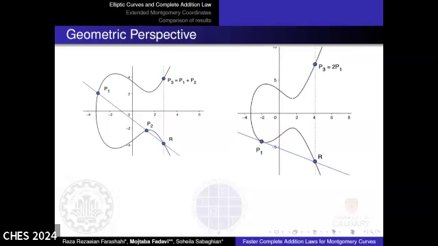The line that passes through these two points has to meet the curve in a third point R, due to the Bezout theorem, and the negation of this point is P3, that is P1 plus P2. And if P1 and P2 are the same, the tangent line meets the curve and the negation is 2P1.